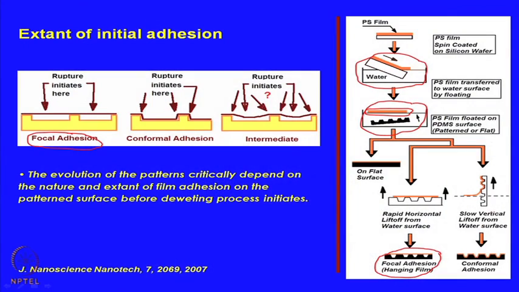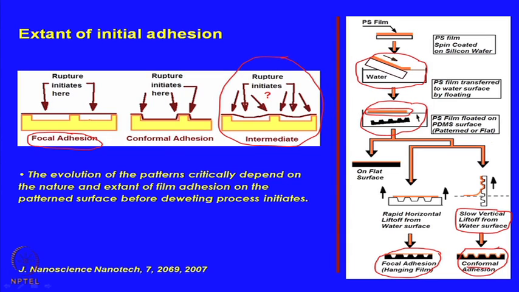In contrast, if you have a slow vertical liftoff from the water surface, then you have this type of conformation which we term conformal adhesion, where the film is conformally adhering to the substrate. Depending on if you pull it out at an angle, you can have an intermediate configuration.